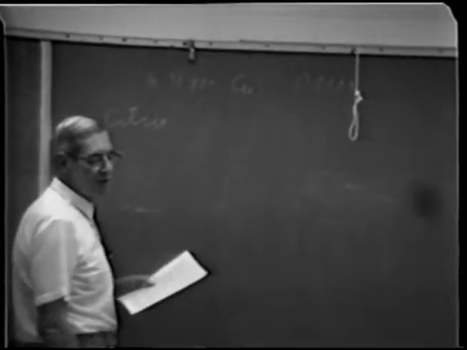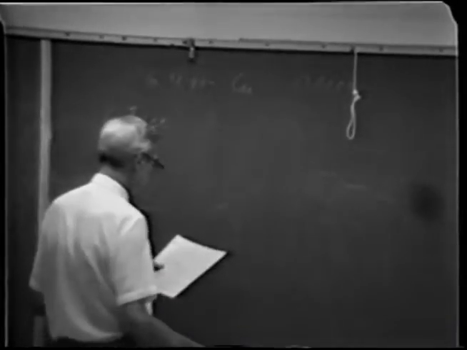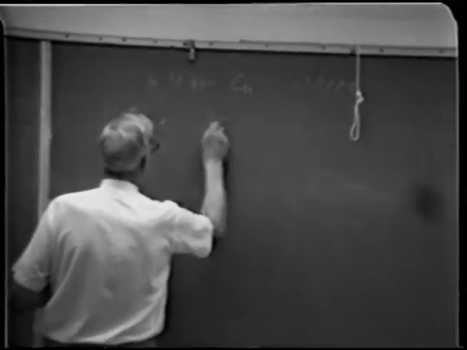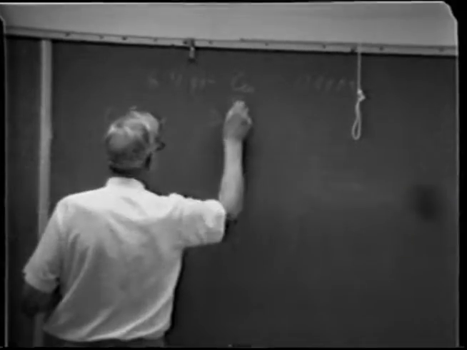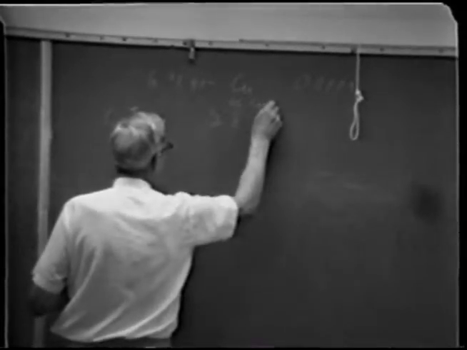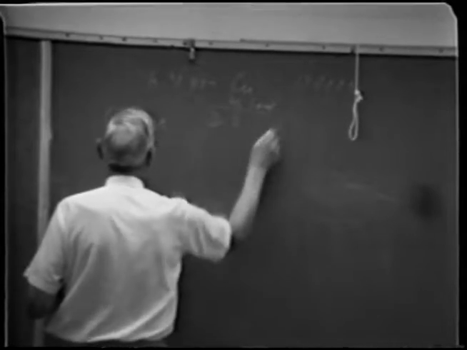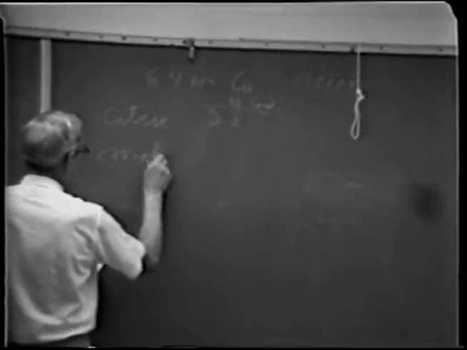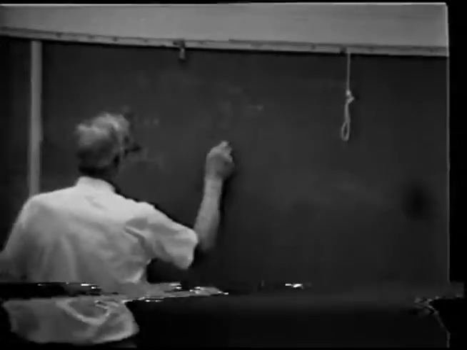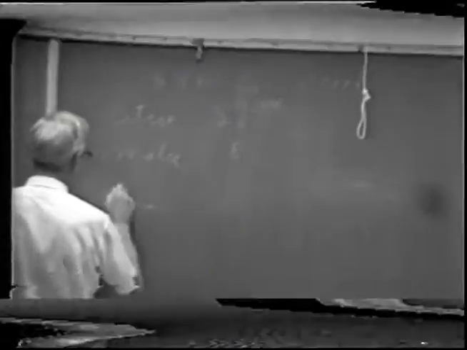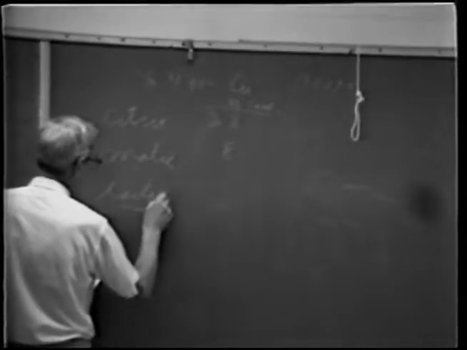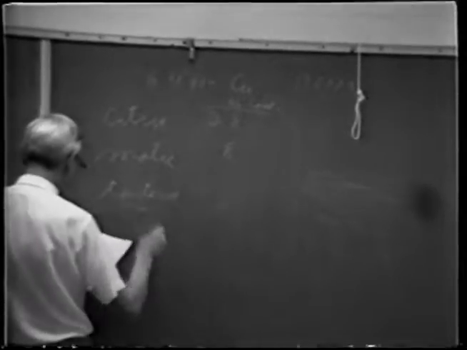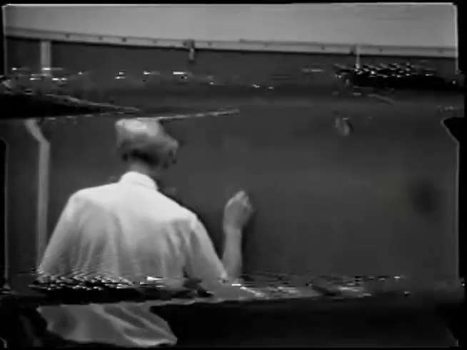Where citric complexed 100% of the iron, it complexes 28% of the copper. Malic, 8%, tartaric, 5, and succinic and lactic, 0.